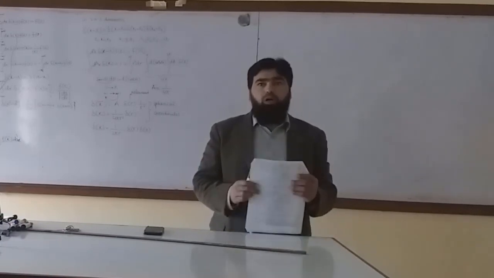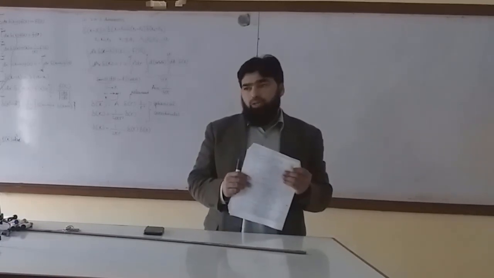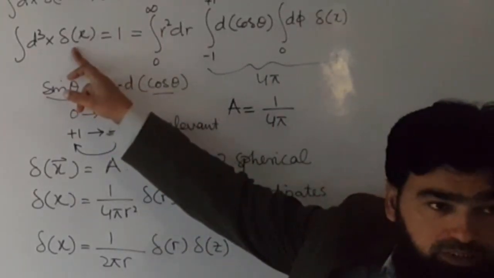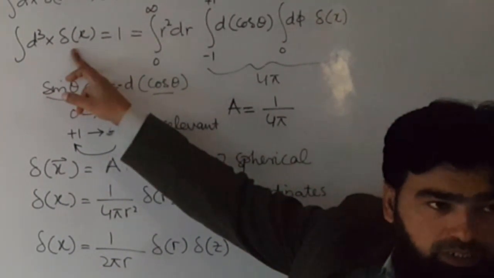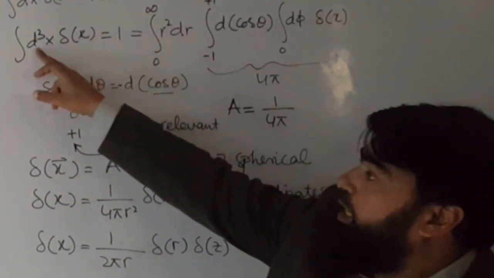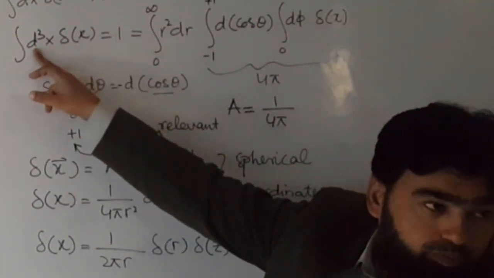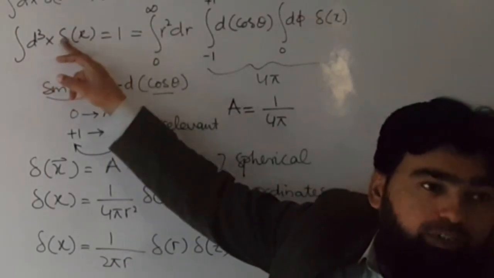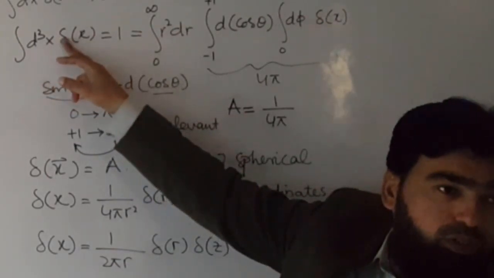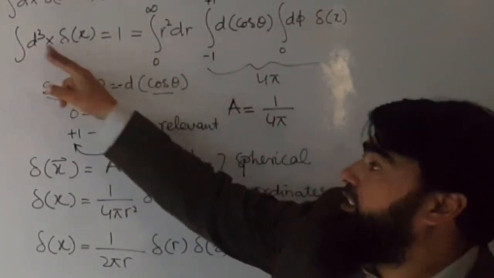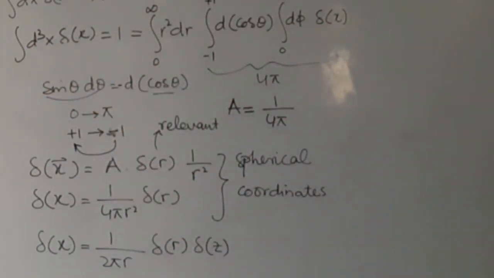Like you have written delta x, and you are multiplying with volume. So this delta x should have the dimensions of 1 over volume. Otherwise, dimensionally, this equation is not correct.